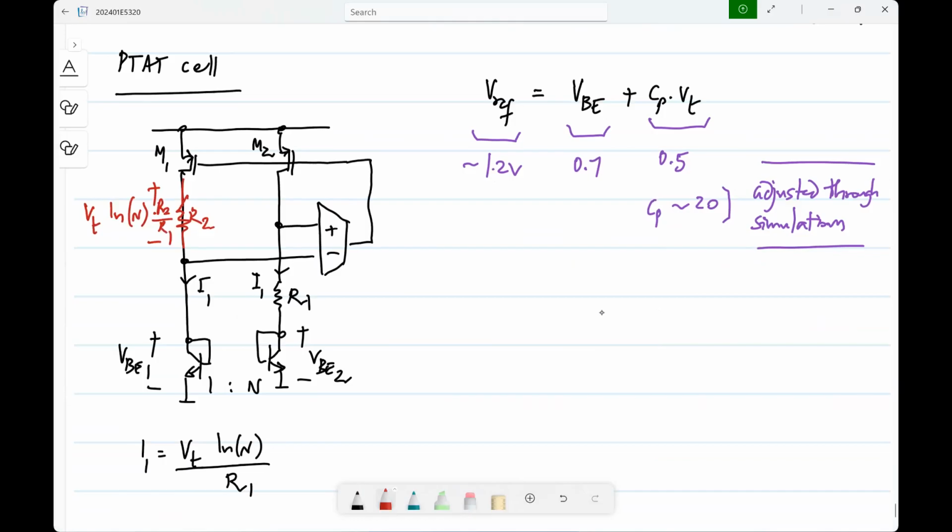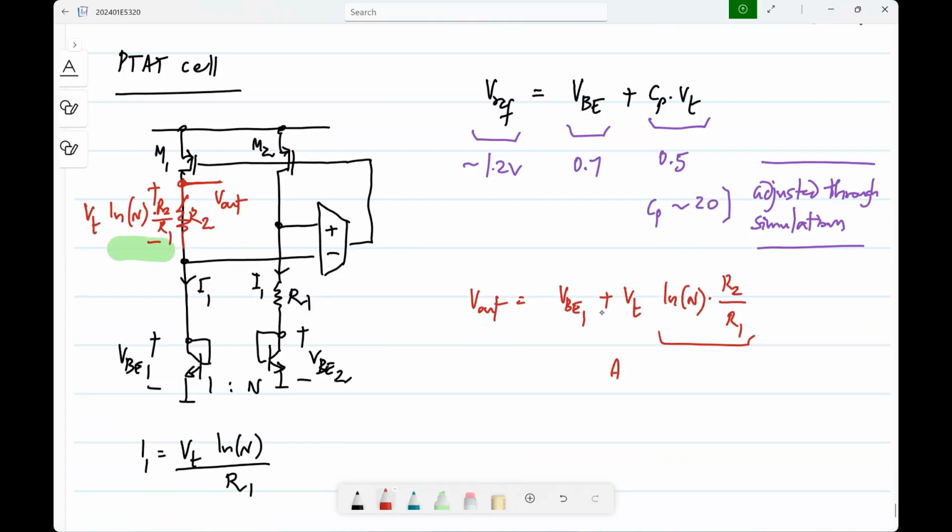Okay, it is something proportional to VT. And now I can adjust R2 by R1 so that this whole thing, log N times R2 by R1, is CP, whatever CP I require. Okay. And what is this voltage? So let's say I call this V out equals VBE1 plus VT log N R2 by R1.